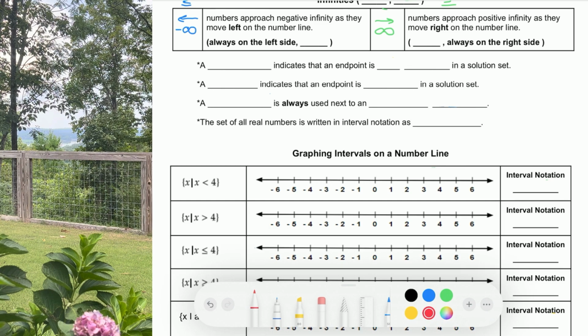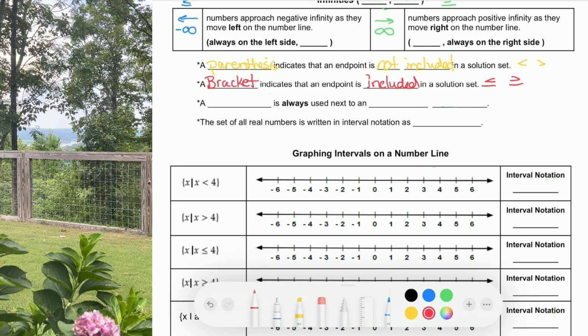A parentheses indicates that an endpoint is not included. Those are when you have less than or greater than. A bracket indicates that an endpoint is included.